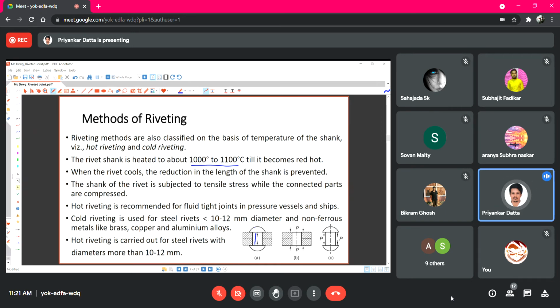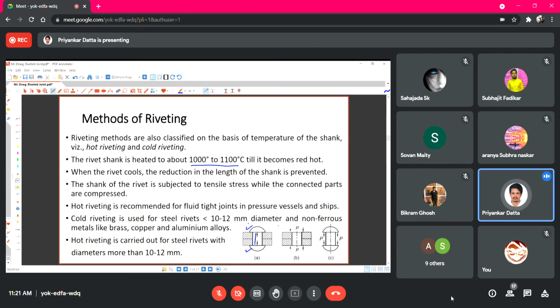Now once it is cooling down, it tries to shrink, but since the top head and bottom head are preventing the shrinkage, it creates some additional pressure over the two plates. So the fixing or bonding force further increases, and accordingly it becomes leak proof.